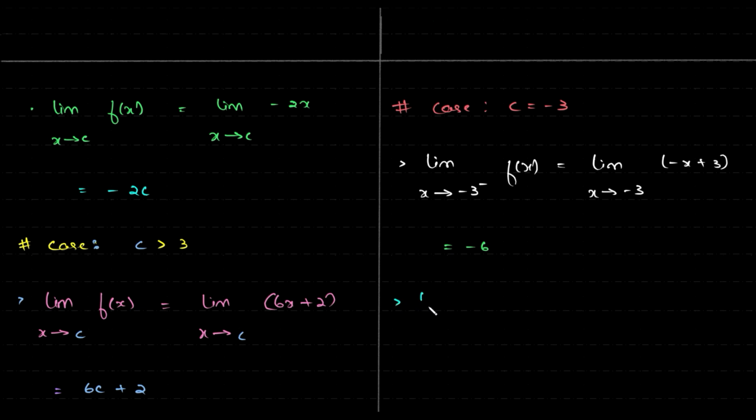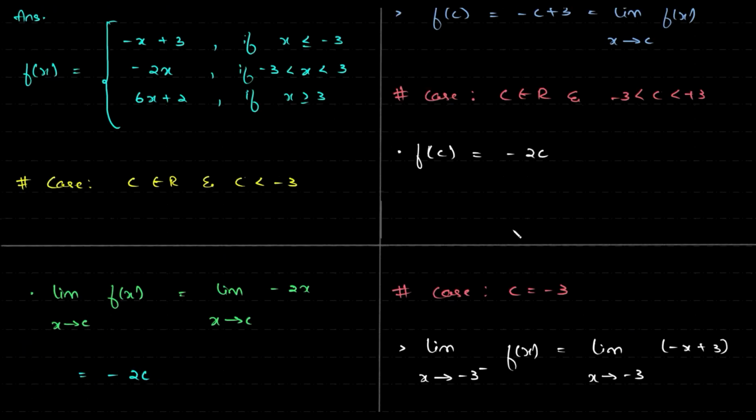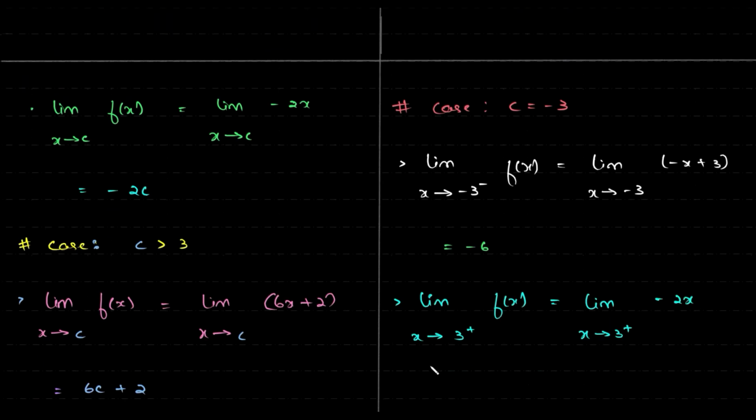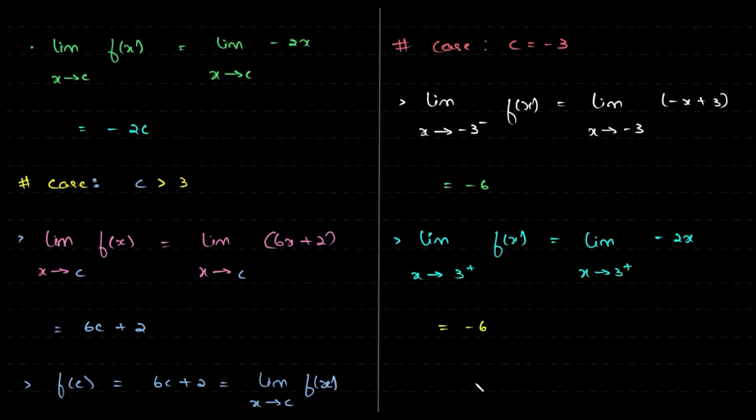While from the right, we have minus 2x. So this will turn out to be minus 6. And finally we have f of minus 3, which takes on this behavior, minus 6. So it is continuous here too. Again, we'll not conclude the answer over here. We'll write everything and then show the answer.